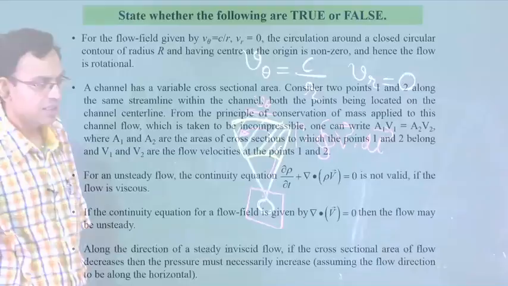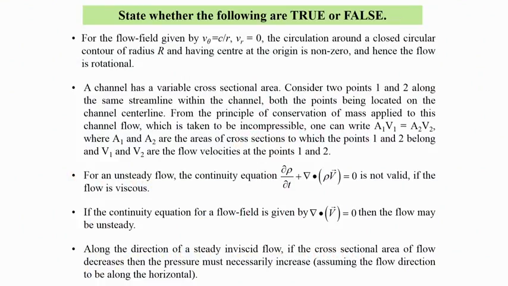Okay, next question. Next question is a little bit elaborate in the statement. So, we will go through the statement carefully before coming to the board to answer it. So, a channel has variable cross sectional area. Consider 2 points 1 and 2 along the same streamline within the channel, both points 1 and 2 on the center line, but at different sections.